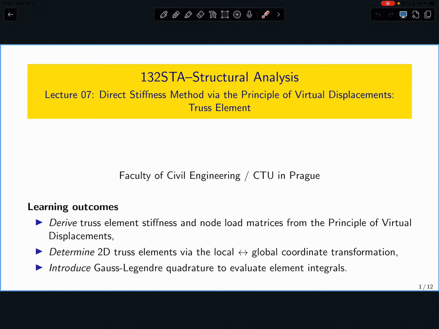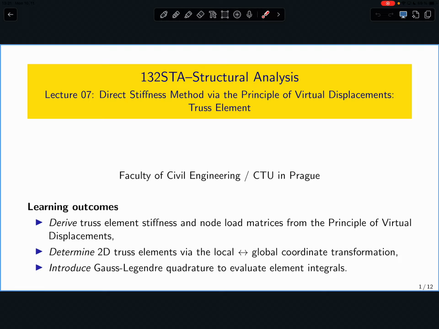So what I'm trying to show today is that actually I can also do the treatment of truss structures and also the structural mechanics 3 part using the principle of virtual work, which I originally used for a different purpose.